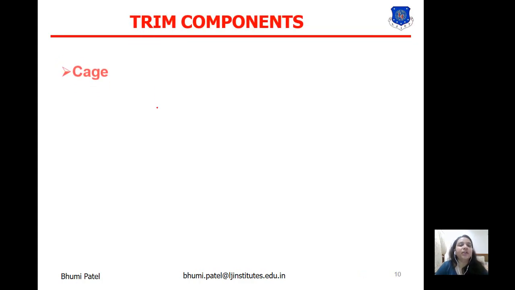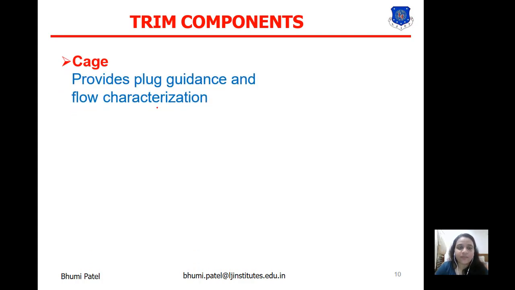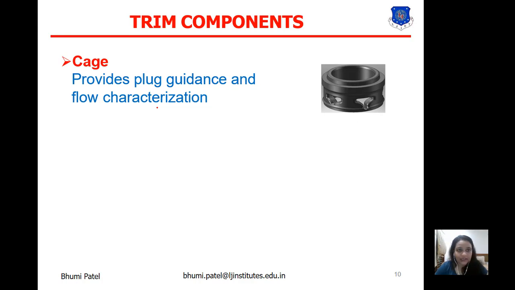Now next one is the cage. What is the cage? It provides plug guidance and flow characteristic. So this is the diagram or the symbol of the cage. Now what is the flow characteristic?